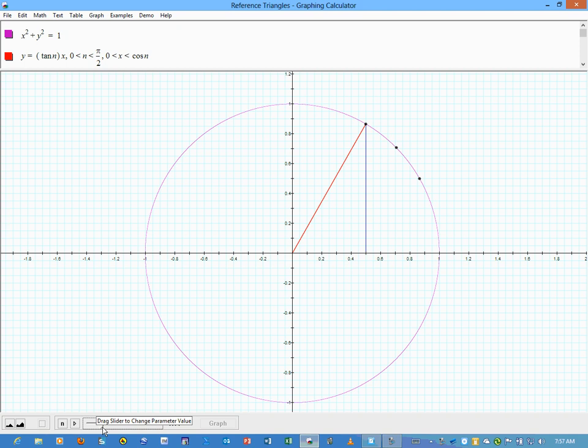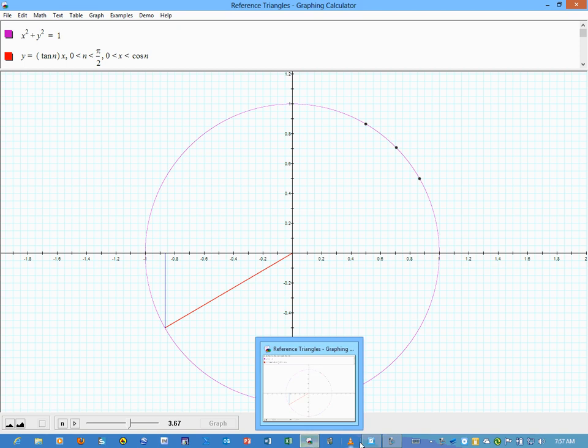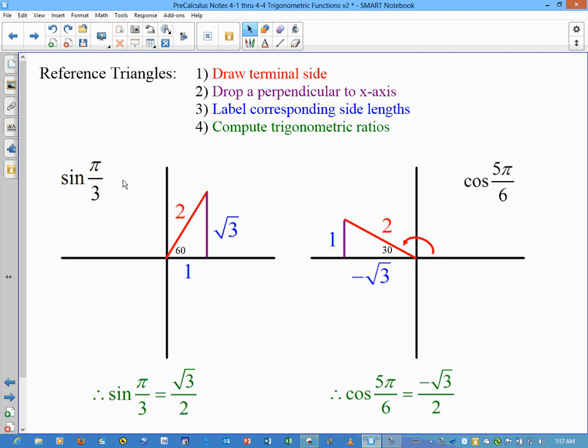Notice how when it gets to a quadrantal angle, the triangle sort of collapses and goes away. Here again, it collapses and goes away. Notice how we're always dropping the perpendicular to the x-axis. I'm going to animate a little bit here. You see that it goes away when you actually hit the quadrantal angles. So for that, there really isn't a triangle when you have a quadrantal angle.